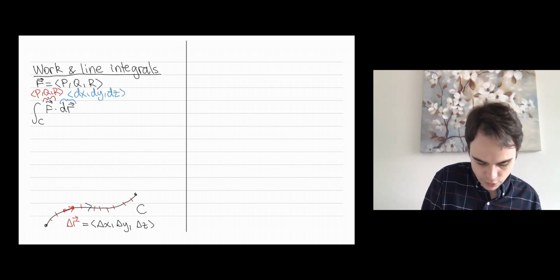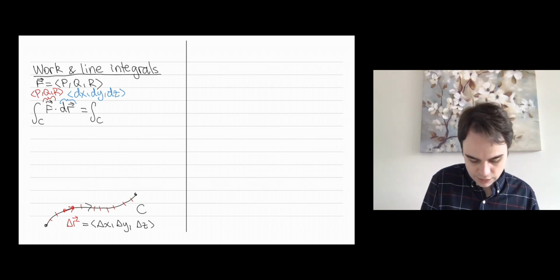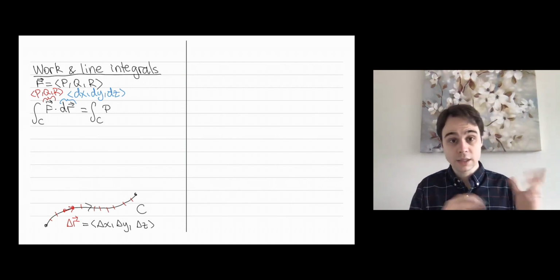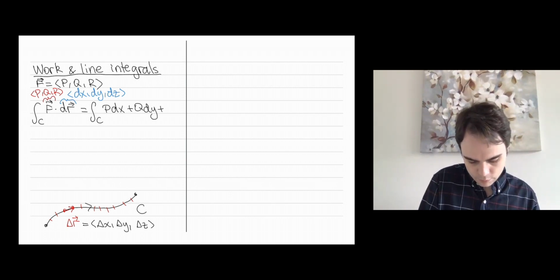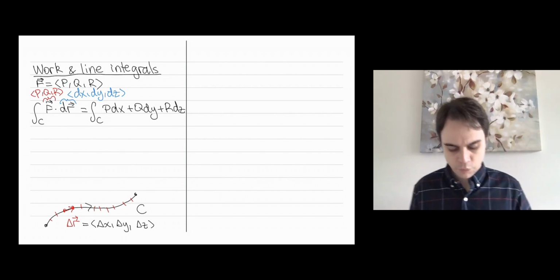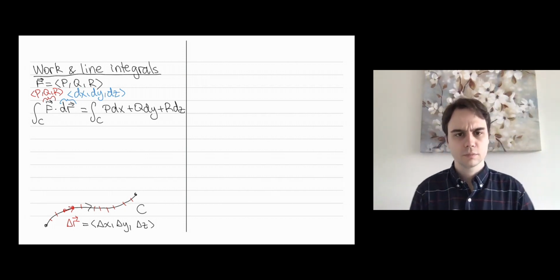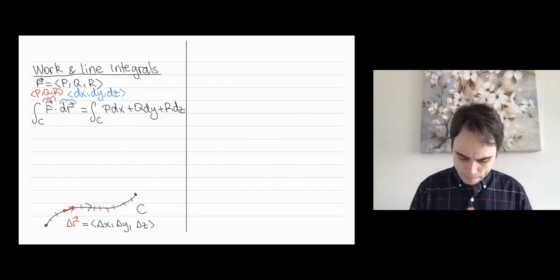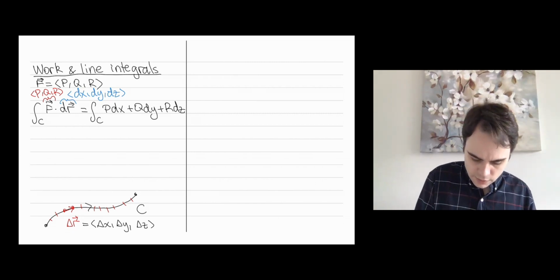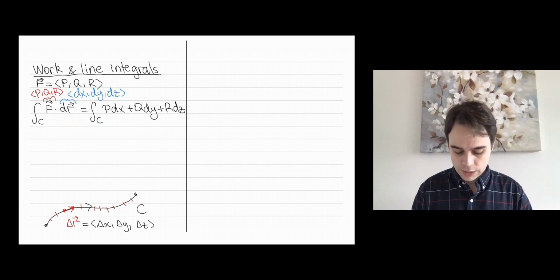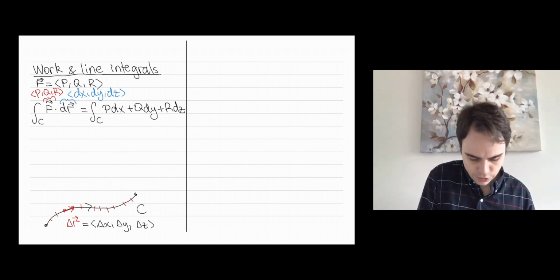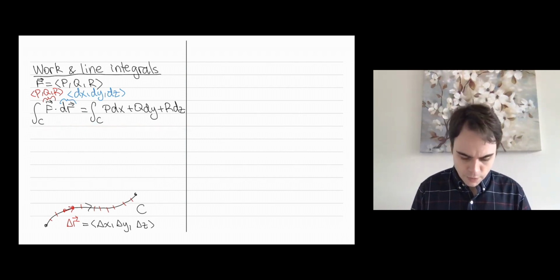If we work out this dot product, we get the integral over C of P dx plus Q dy plus R dz. These are two ways of writing the same line integral, one with vector notation, one with component notation.